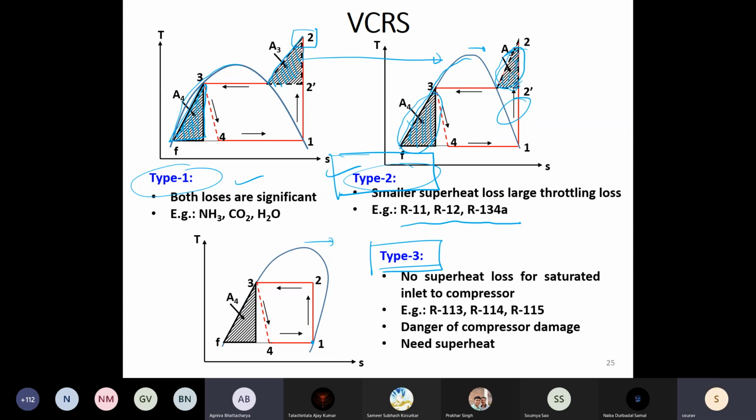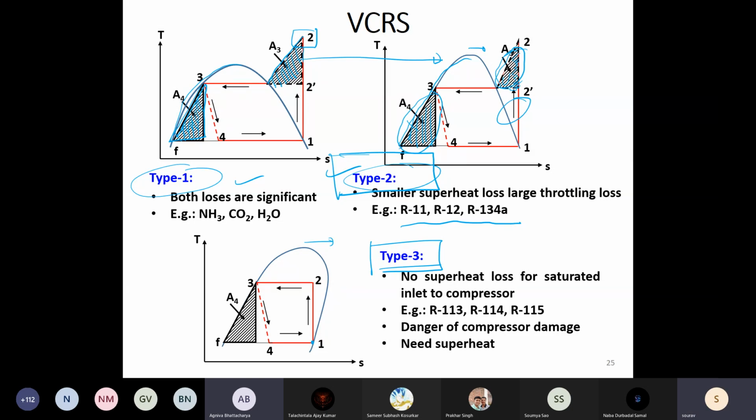So that's why it is very, very important to know the properties of the working fluid you are working with. That determines a lot of parameters. Even from the thermodynamics point of view, you can fix which refrigerant to be used.